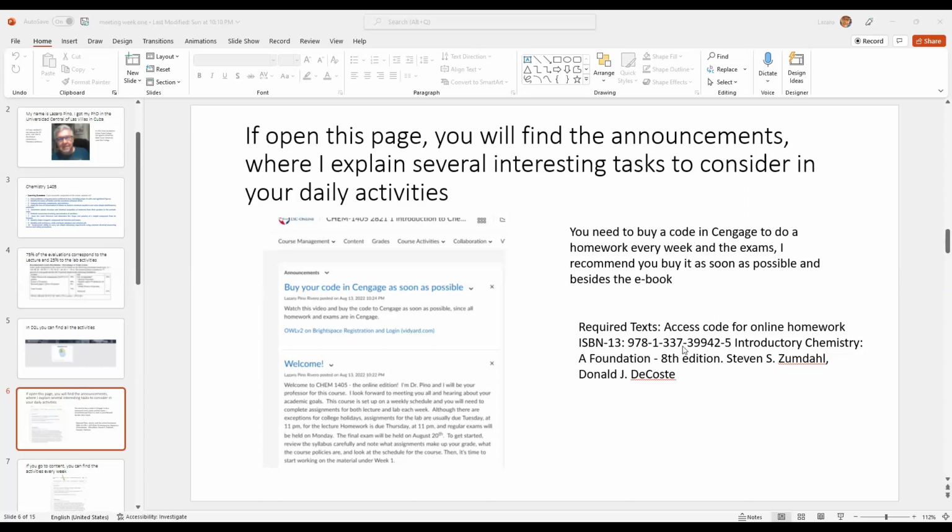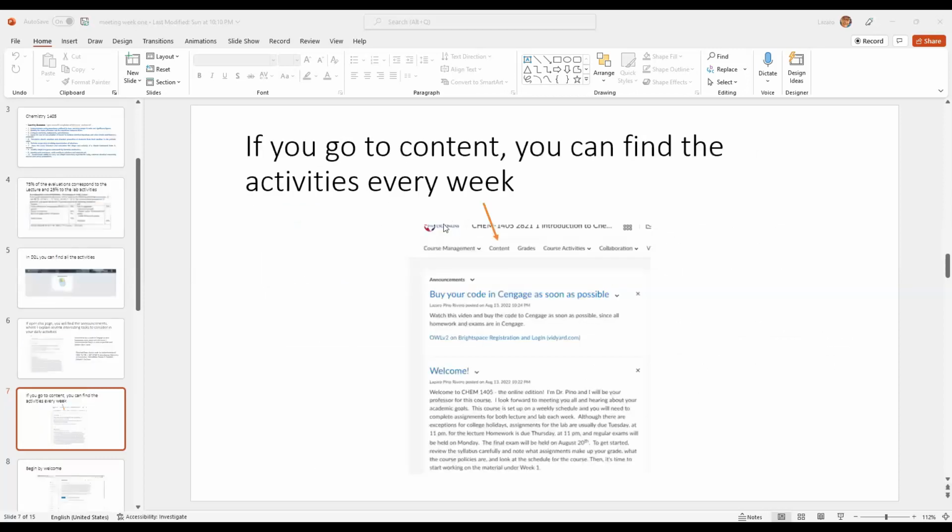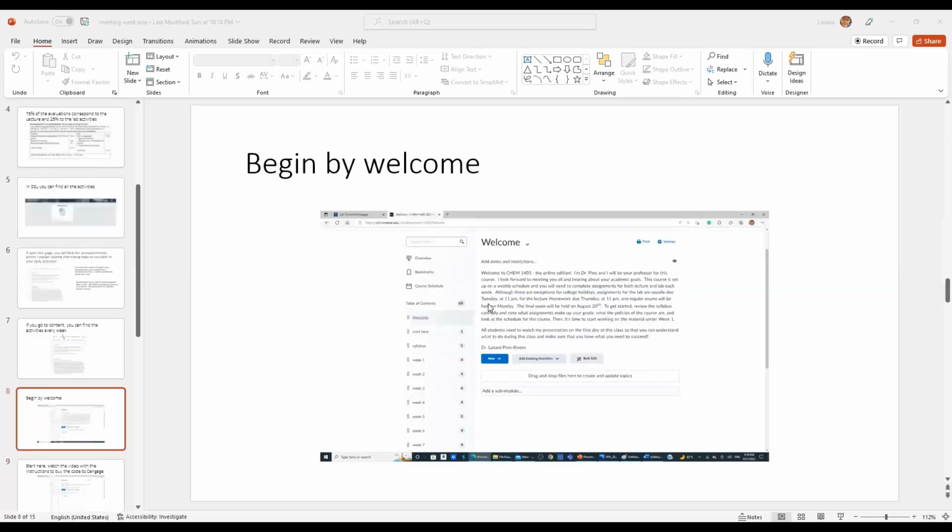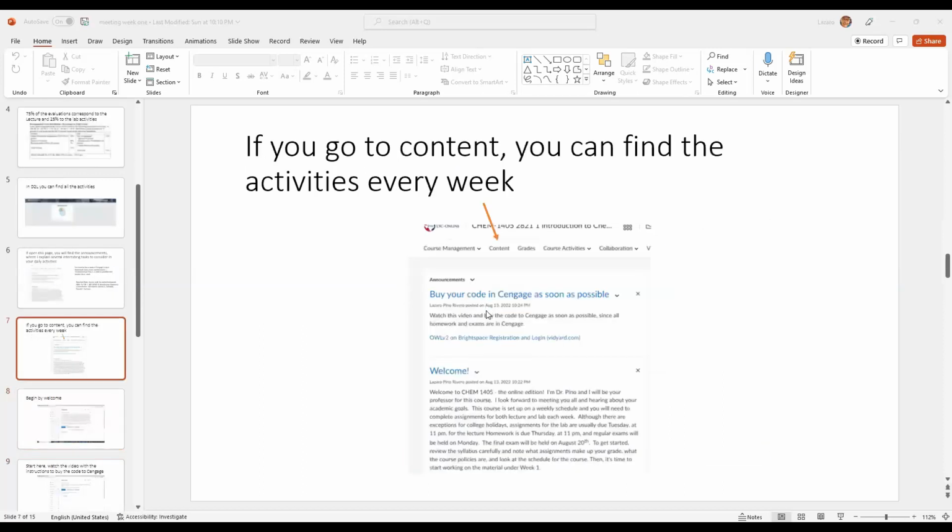The book that you're going to get is the one that is here by this author. And remember, it's the 8th edition. If you go to content, you will find every week all the activities you must do, beginning with the lecture.